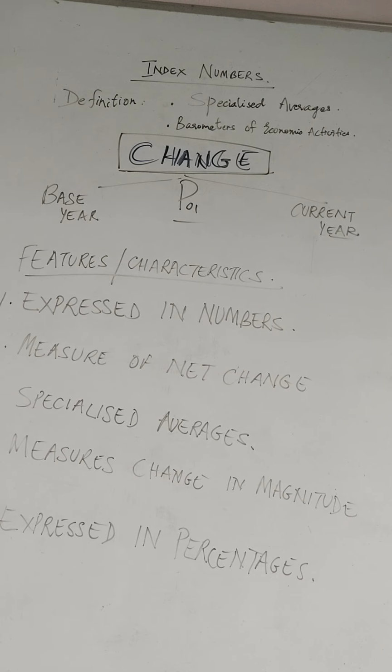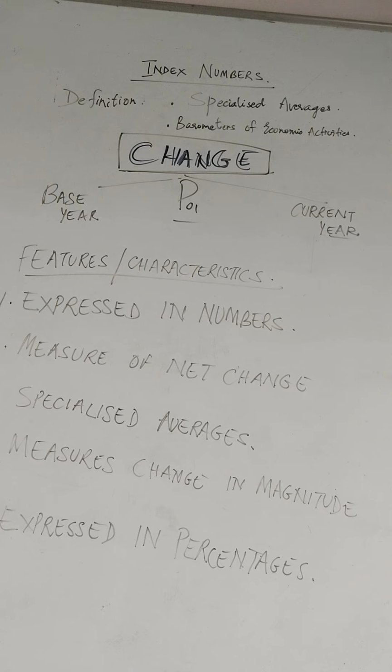Then the fourth point: measures change in magnitude whose direct measurement is not possible. Many times data is so complex and composite in character that it is not amenable to direct measurement. For example, changes in business activity or cost of living cannot be measured directly.